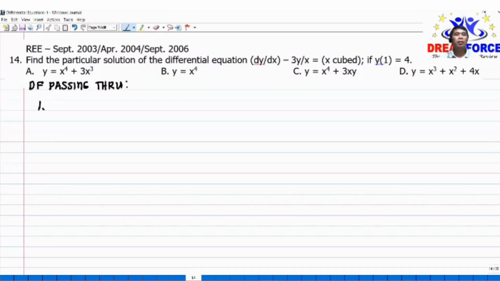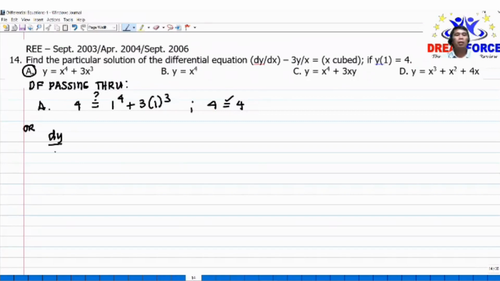So, yung letter A, 4 is equal to 1 to the 4th plus 3 times 1 cubed. This is 4 is equal to 4. So from that, we can already have this answer, letter A.